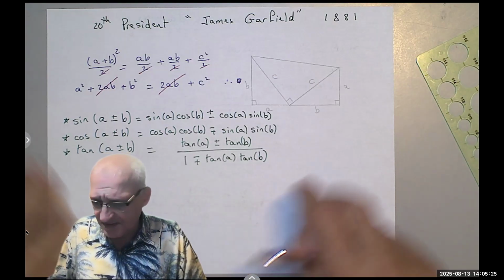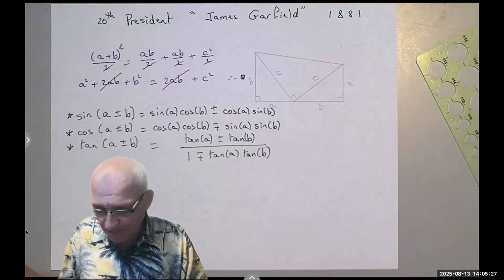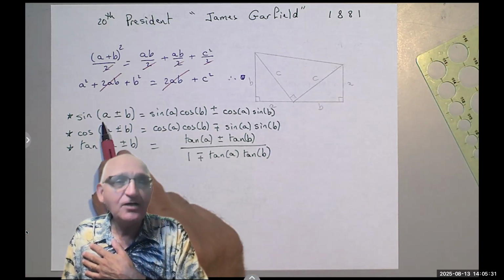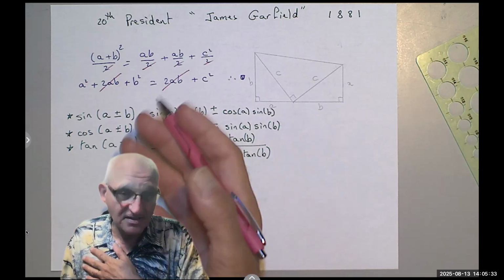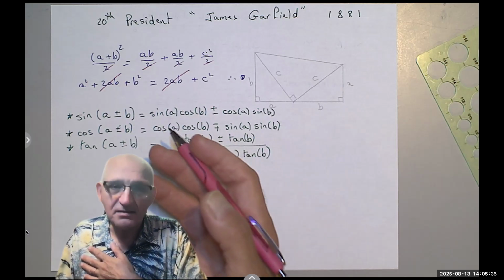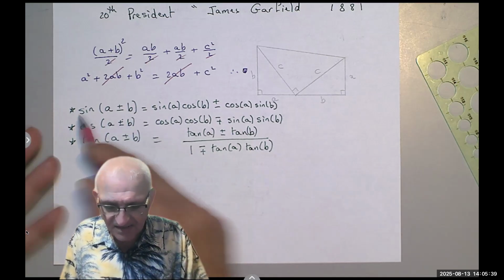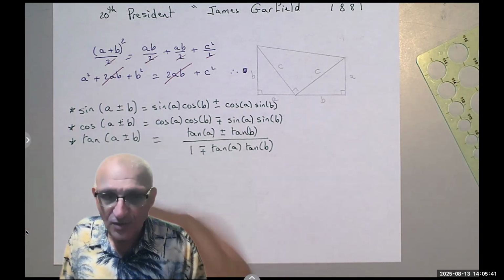And here, in order to complete, and I'm going to stop there, what if A equals B and we use the positive? Well, you can use the positive or the negative, but if you use negative, you get sine 0, cosine 0, and tan 0. I don't want that.